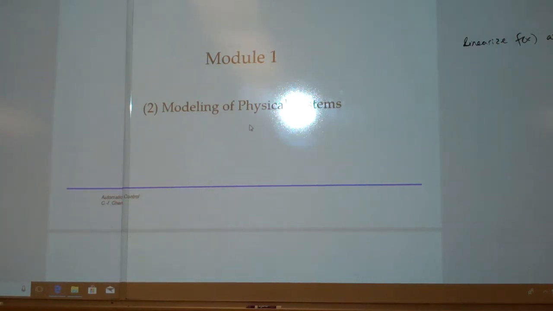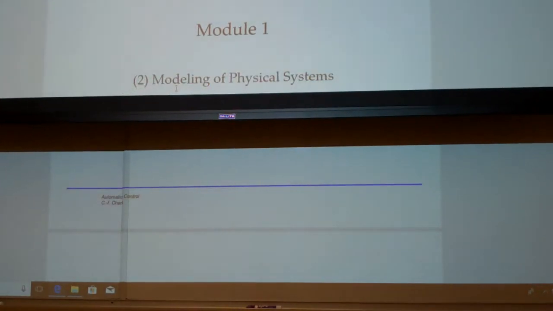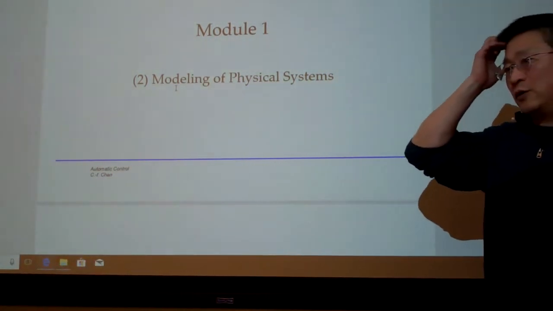So now we go to the new topic, and this one basically will cover our textbook, chapter 2, chapter 3, and even chapter 4. And the modeling of the physical systems won't be the focus of the control.